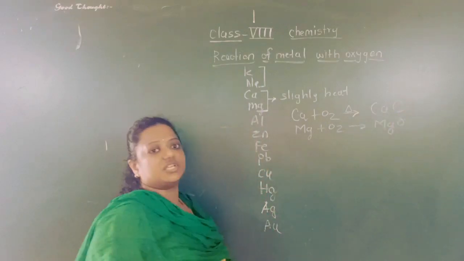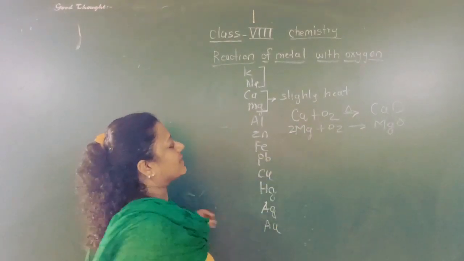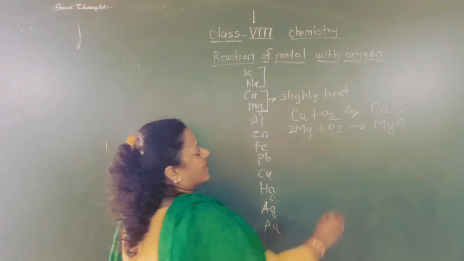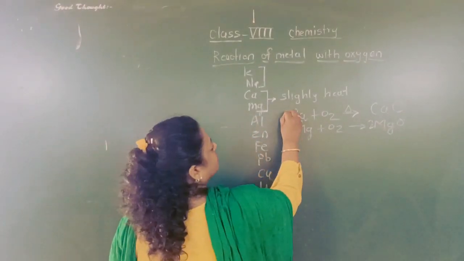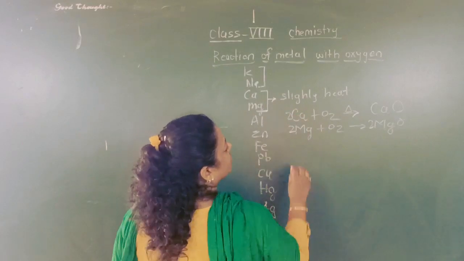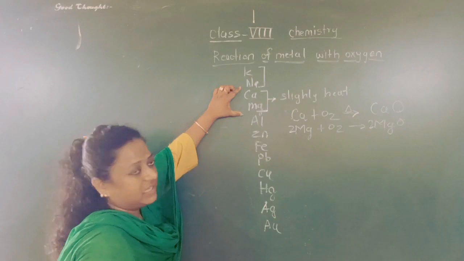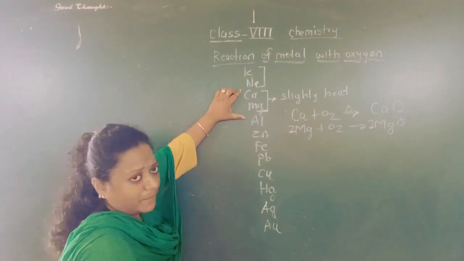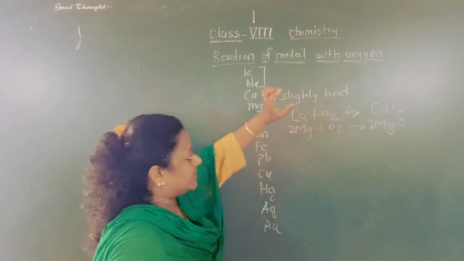It can be balanced like this: 2Mg plus O2 gives 2MgO. For calcium also the same: 2Ca plus O2 gives 2CaO. So when we provide slight heat to the metals, we get the oxides, calcium oxide and magnesium oxide.